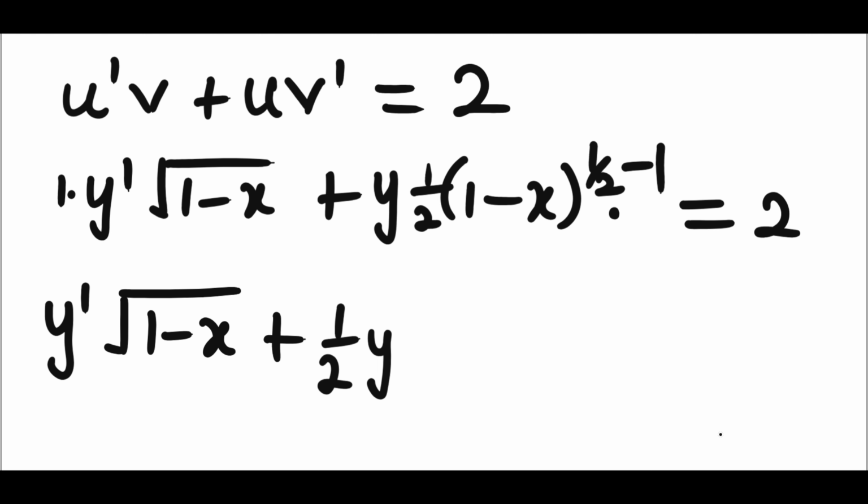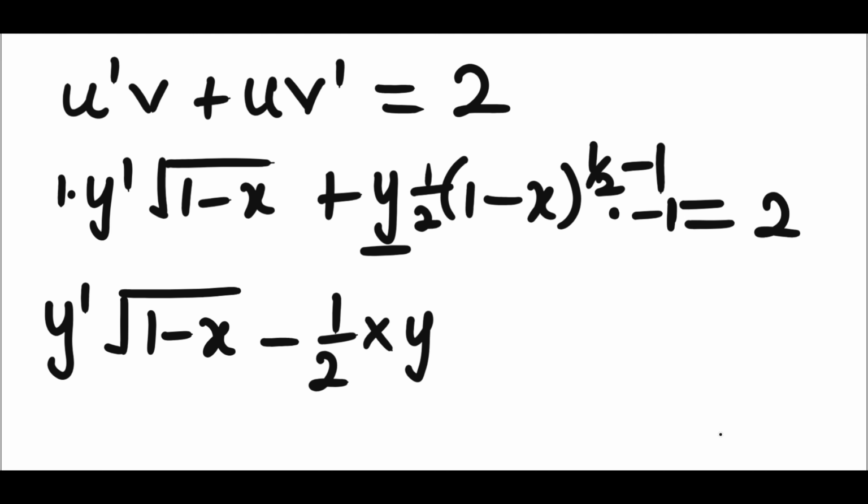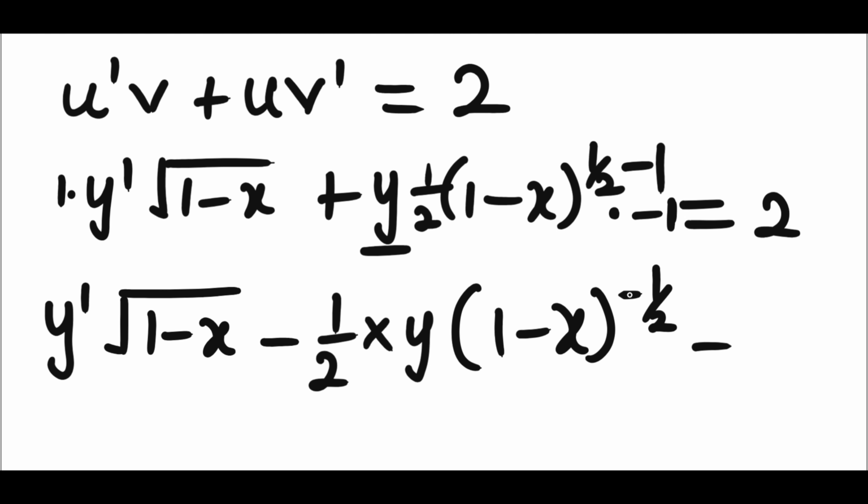We differentiate 1 minus x and get the derivative to be negative 1, so you multiply the half by negative 1. So it's going to be negative half multiplying this y, then 1 minus x in bracket, with half as the exponent minus 1 giving us negative half, all equal to 2.